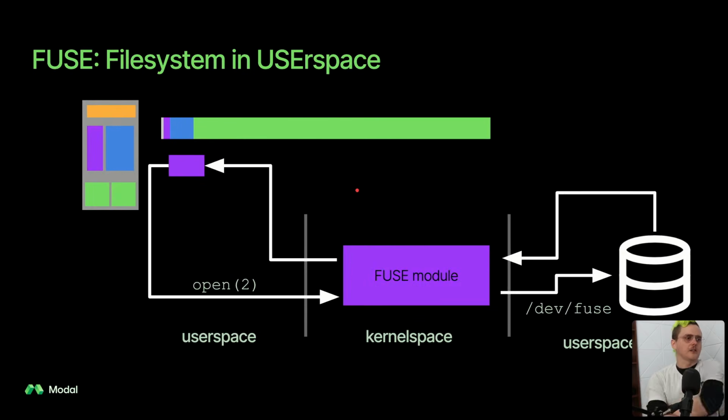So the key technology here is FUSE, file system in user space, which allows us to implement the backing file system for this in user space instead of inside of a kernel module. The key reason to use this is it's much easier to develop something that, say, talks to a bunch of cloud storage as a user space module as opposed to as a kernel module.